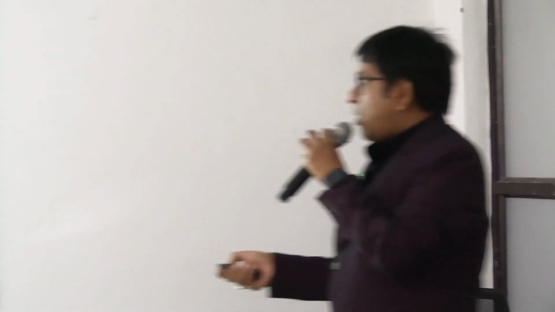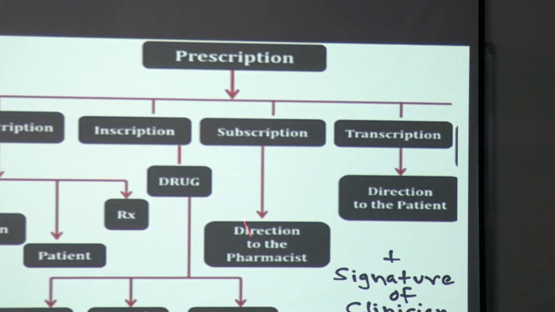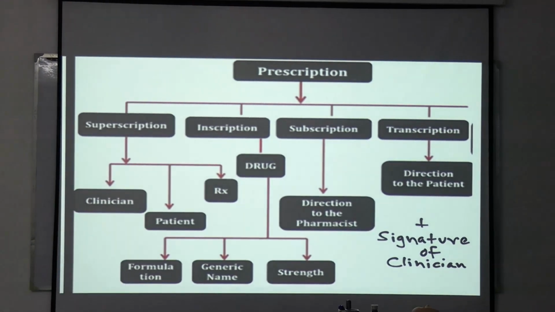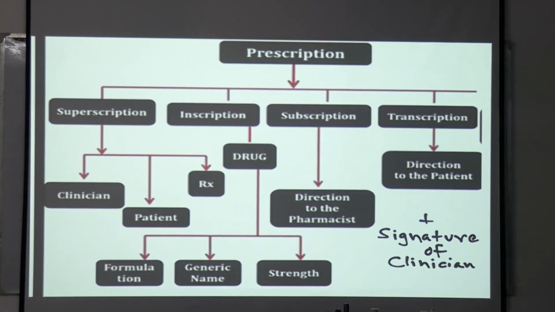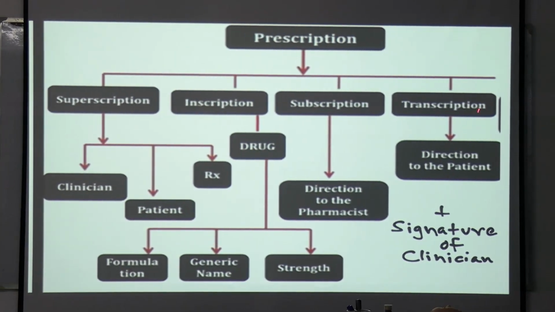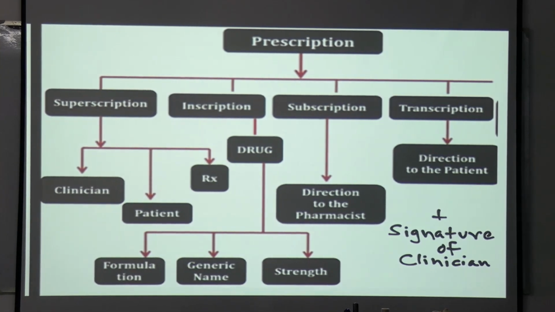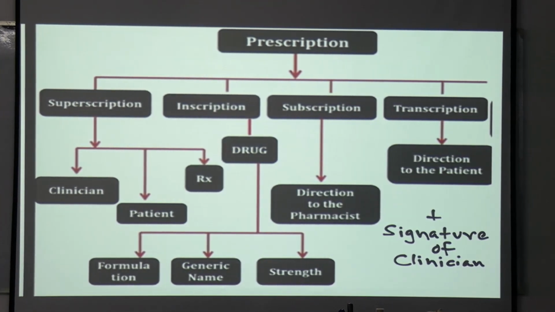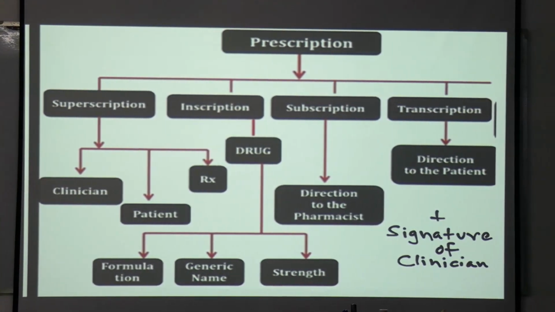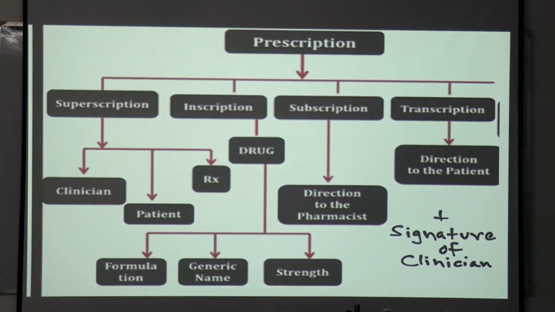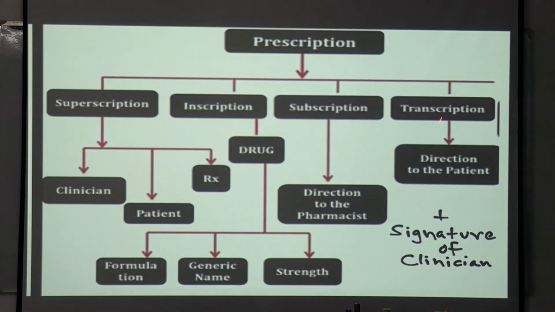This advice to the pharmacist, this part is called the subscription. These 14 tablets, I will show you the prescription, that is called the subscription. And the final advice in the prescription, that one tablet to be taken twice daily after meal for 7 days, this advice is for the patient to follow. That advice for the patient is called the transcription.